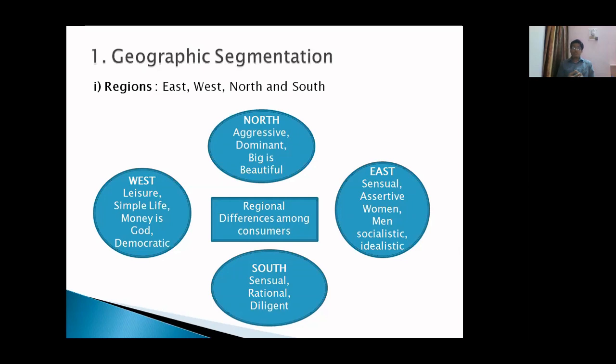So preference of the product could also be based on these consumer characteristics.